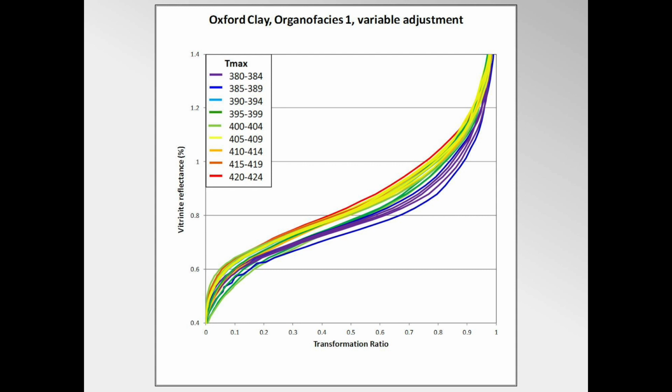So how high must the Tmax be before we can confidently use the kinetics as representing those of a normal, immature, ready-to-generate kerogen? Would it be 425, as I read once many years ago? Would it be 430, 435, or some higher value perhaps, where the kerogen is still immature?